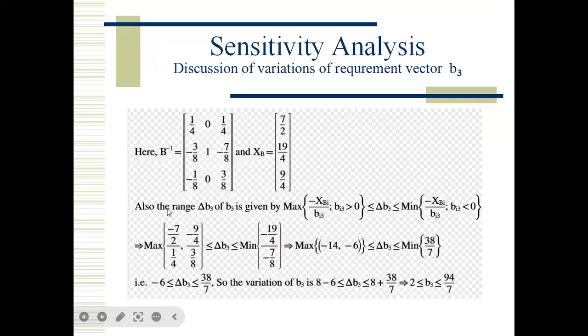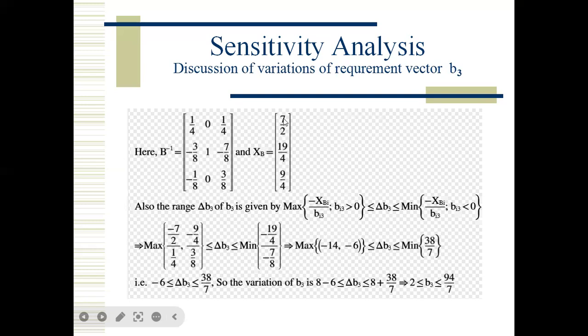In a similar way, the range of the discrete changes of the requirement vector is given by this formula. So the maximum of minus xbi divided by the xbi3 entry. The 3 is only for the third requirement vector; if it were 1 then b1, if 2 then b2, and so on. So for the positive third column, third row, we get minus 7 by 2 divided by 1 by 4.